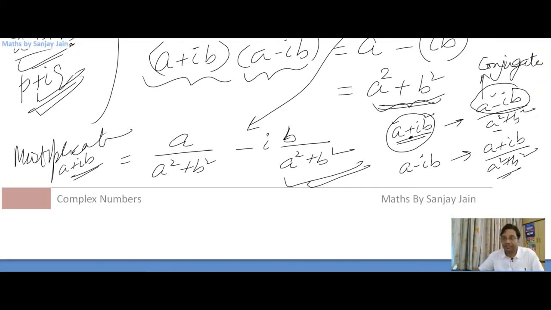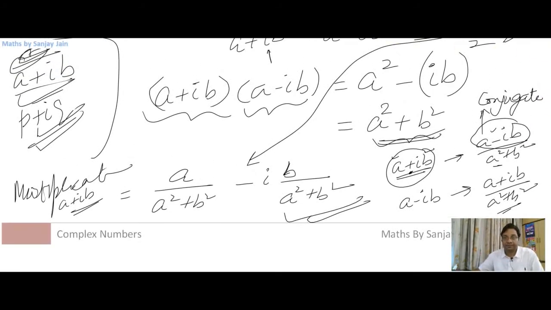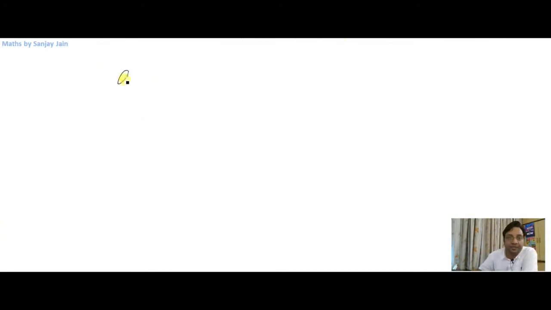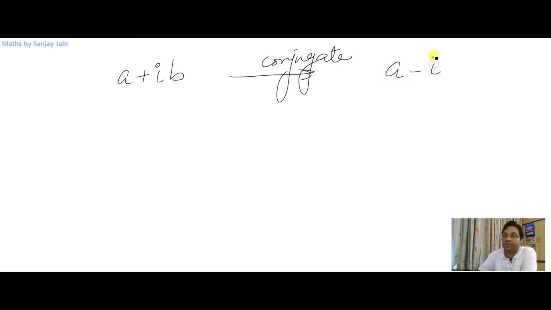So what I am saying here is, if I have got a complex number a plus iota b, then its conjugate is a complex number a minus iota b, right? So I just need to change the sign of the imaginary part to find its conjugate.